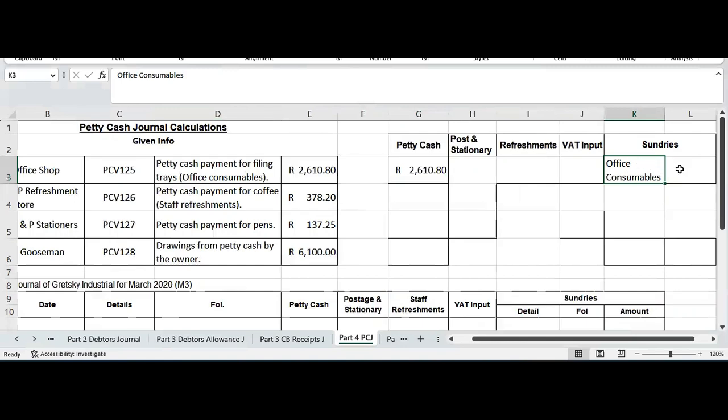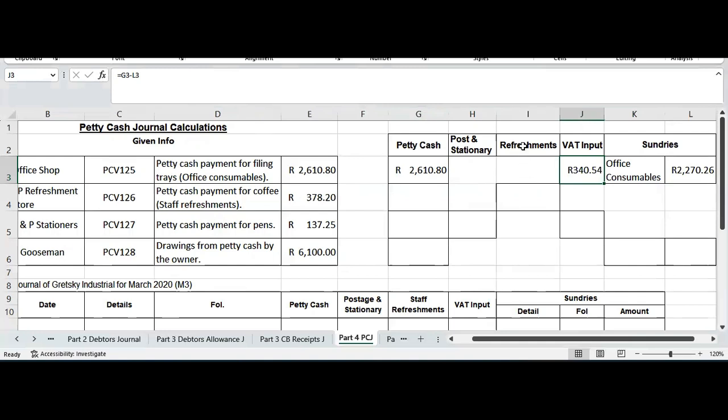And of course, we can put in the amount there, and that amount is the amount we were given divided by 1.15 to get the amount exclusive of VAT, because office consumables is just standard VAT, and then of course the VAT is just the difference between those two amounts. Okay, and it's 340.